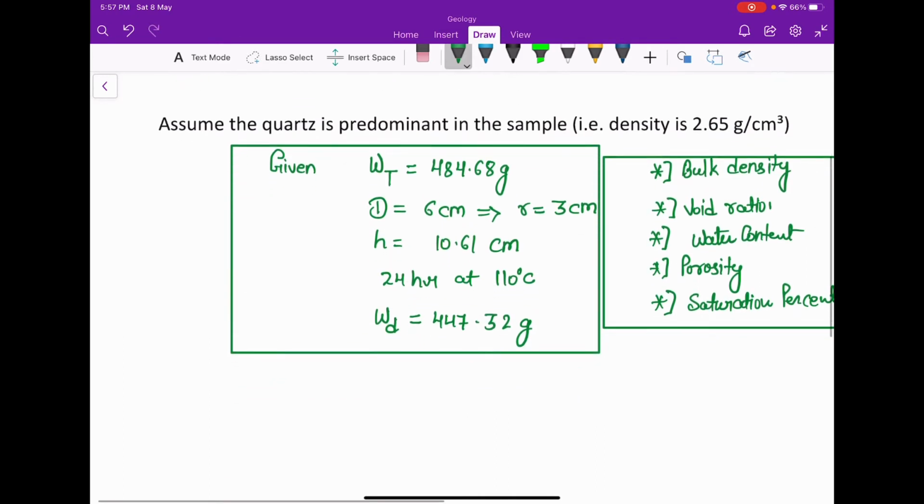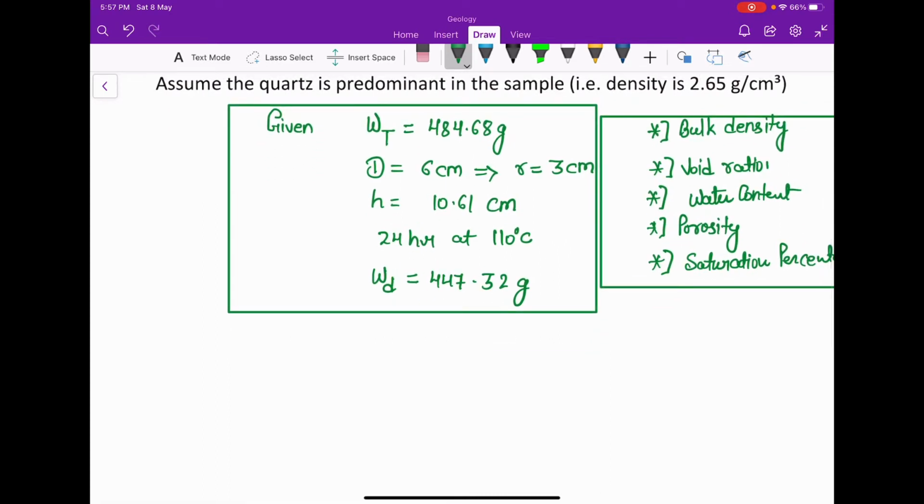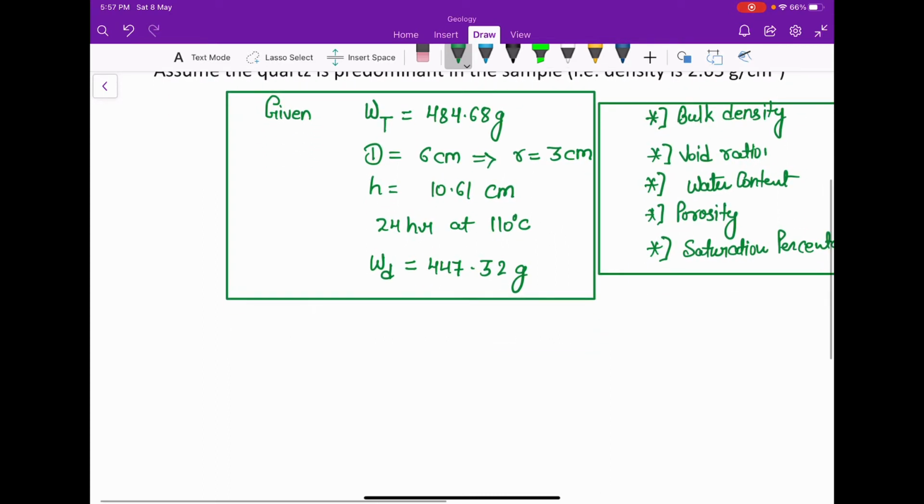So first we will find the bulk density. Here it is given that r is equal to 3 centimeter and h is equal to 10.6 centimeter.